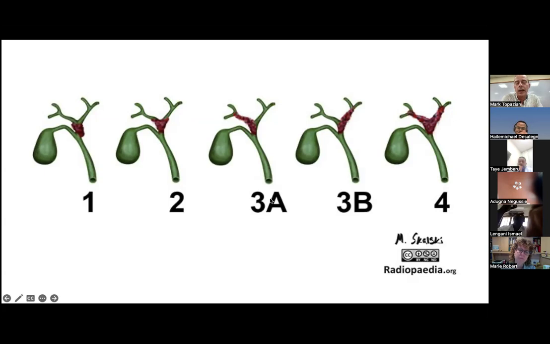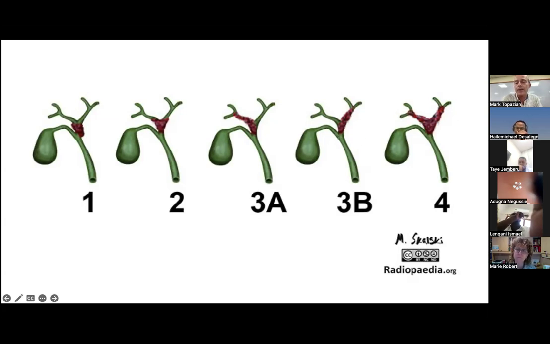In Bismuth 3A, the tumor has spread up to the first branch point of the right duct, separating the right anterior and posterior ducts. This patient, if they're going to have surgery, is going to have a right hepatectomy, sometimes an extended right hepatectomy. Bismuth 3B is the same sort of situation, but on the left. It's extended to the junction of a segment 4 duct with the segment 2 and 3 ducts, and this patient is going to have a left or extended left hepatectomy.